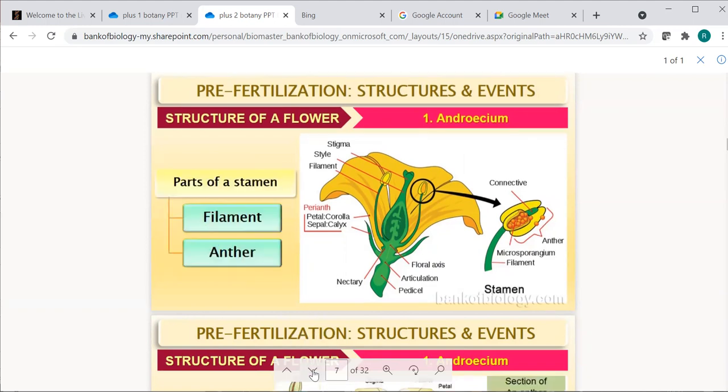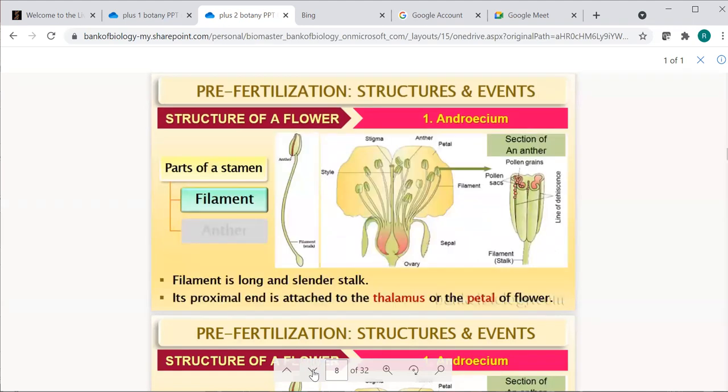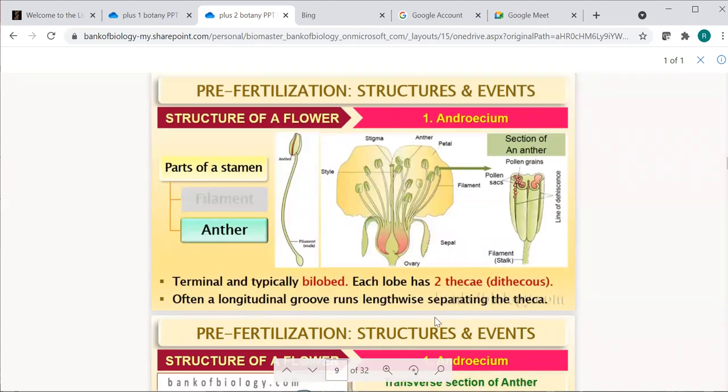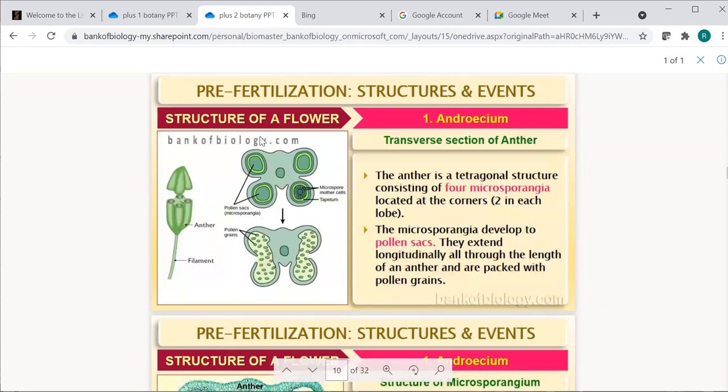And further, each lobe has two theca, that is dithecous. Theca means covering. So we talked about 4 microsporangia. This is anther. This is filament.